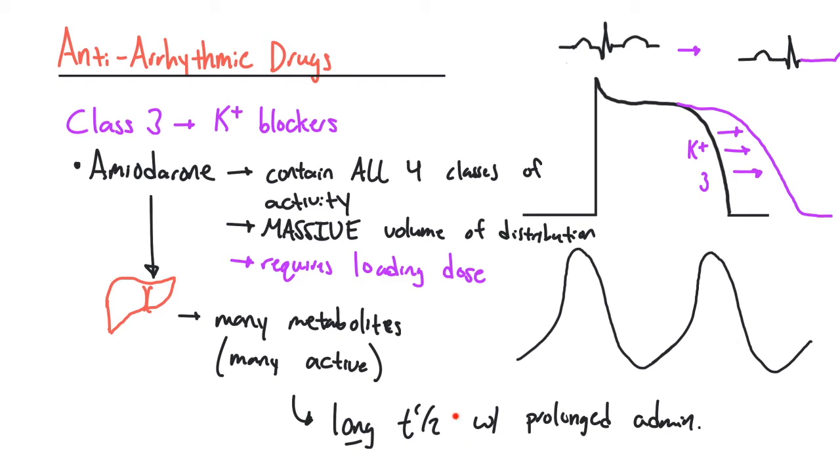This can get so incredibly long that some of the metabolites, for instance, in a patient that has taken amiodarone for 9 years, once amiodarone is discontinued, amiodarone itself can have a half-life of around 7 months, but some of the active metabolites of amiodarone can actually have a half-life close to a year, about 11 and a half months. So something to just remember, amiodarone does hang around for a very long time, especially if the patient has been on it for a while.